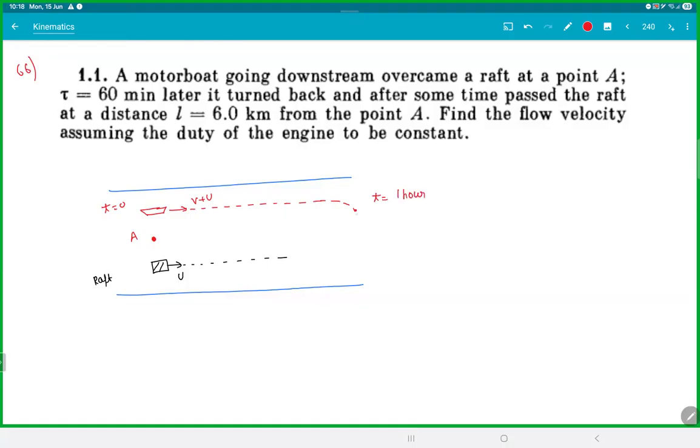And then you took a turn. When you took a turn and started coming back, you met this plank again. This is where you met the plank. While coming back, the speed is v minus u. This is the turning point. This was the story.